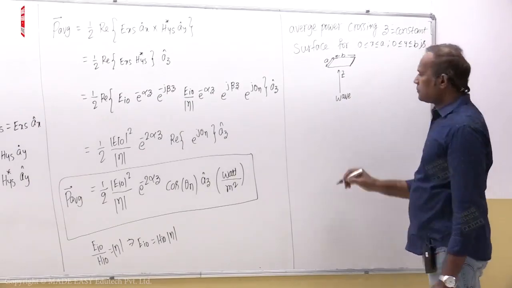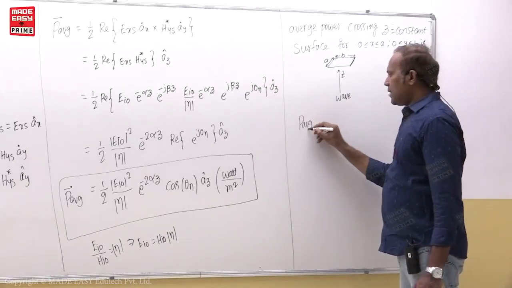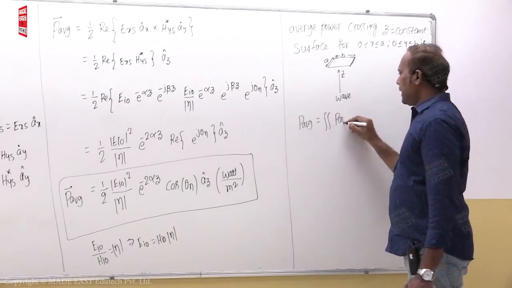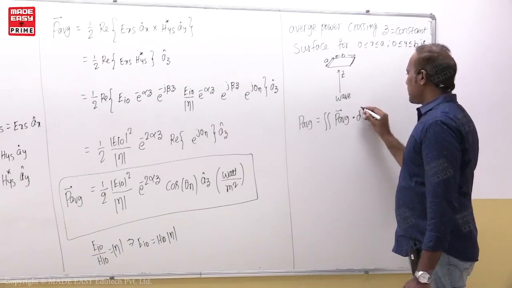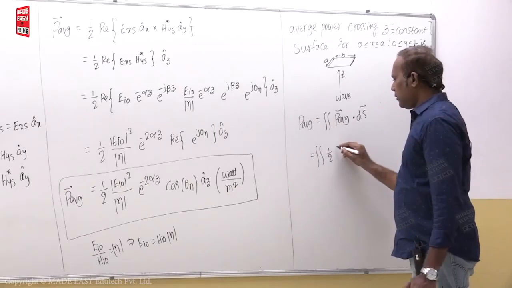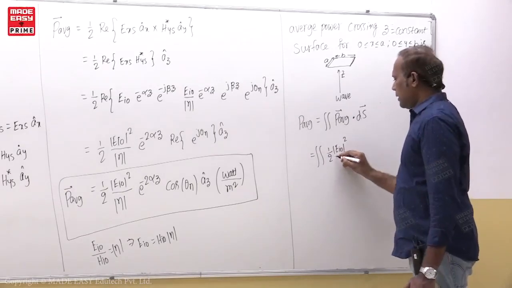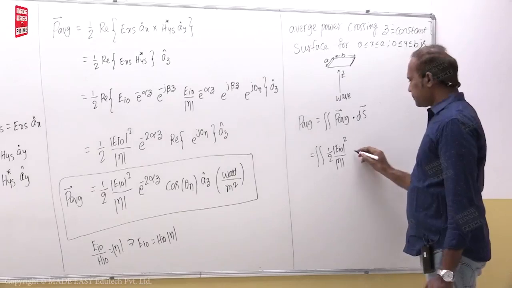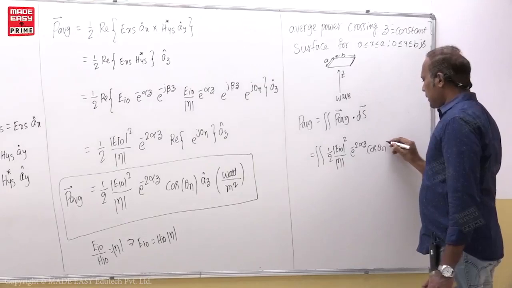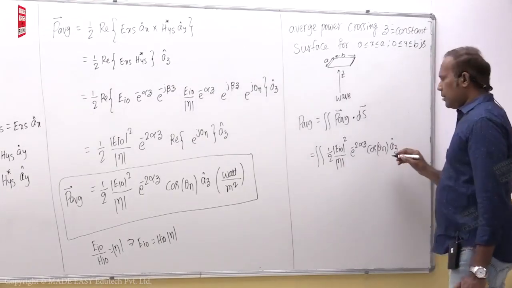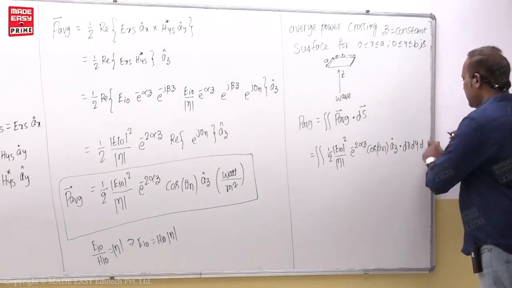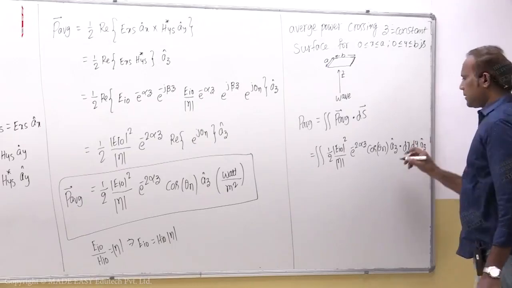P_avg is equal to the double integral of P_avg bar dot ds bar, that is equal to the double integral of half into E_A0 square divided by modulus of eta, e power minus 2 alpha z, cos theta eta, a_z cap, dot in z direction, ds bar is dx dy a_z cap.